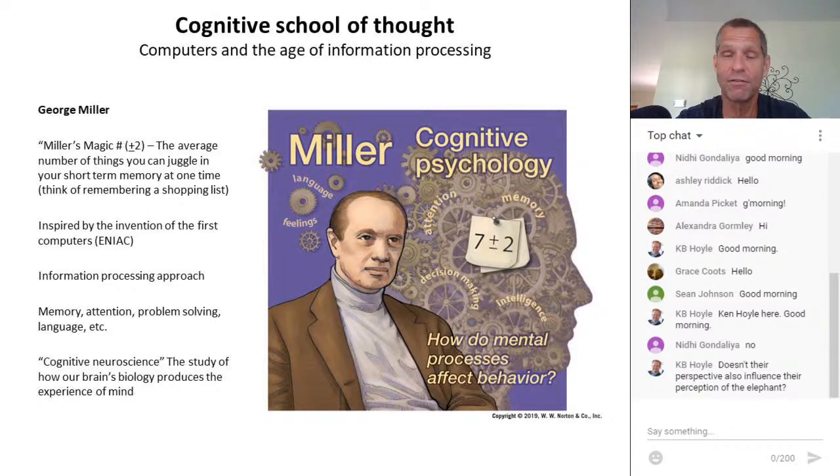And the cognitive approach is interested in understanding how human beings process information. In short, they're interested in trying to figure out what your operating system is like. One of the earliest findings that we've discovered about the human mind is that you have a limited ability to keep a number of things in your mind at one time.